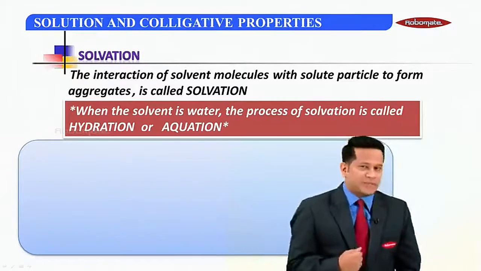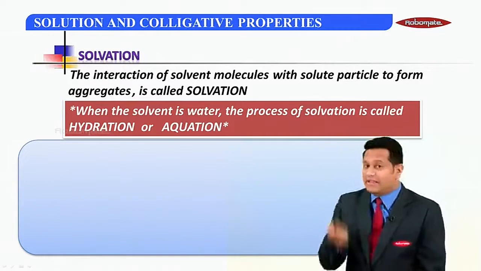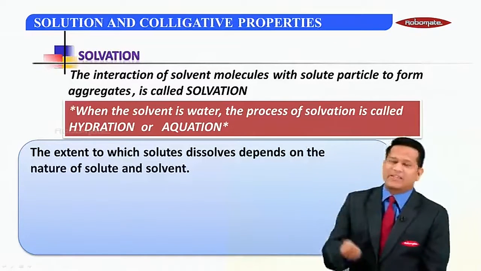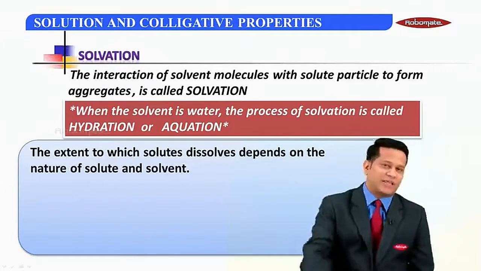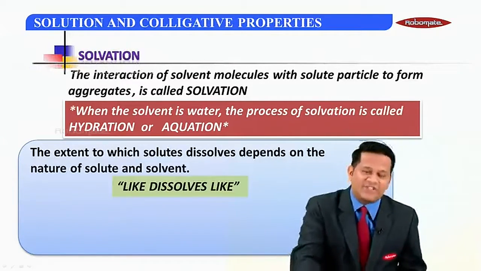Let us talk about something more interesting: in which cases can the extent of interaction become very high? The extent to which the solute dissolves depends upon the nature of solute and the nature of solvent. Likewise, we have a phrase called like dissolves like.